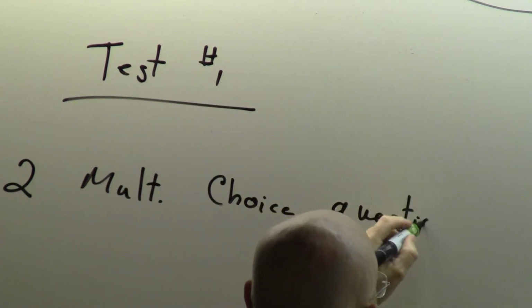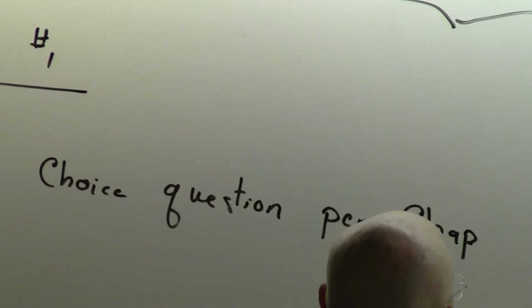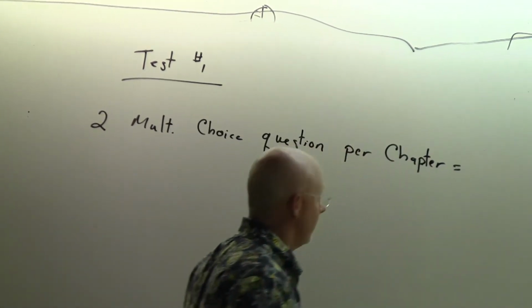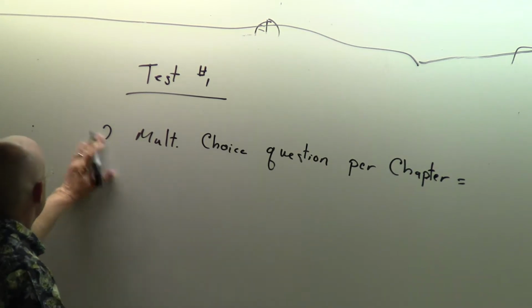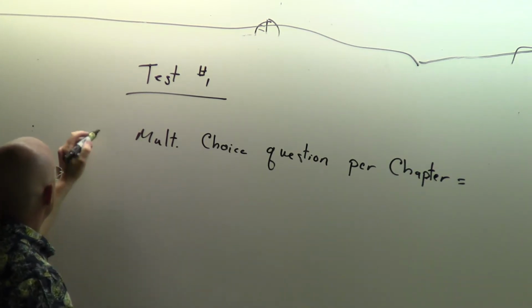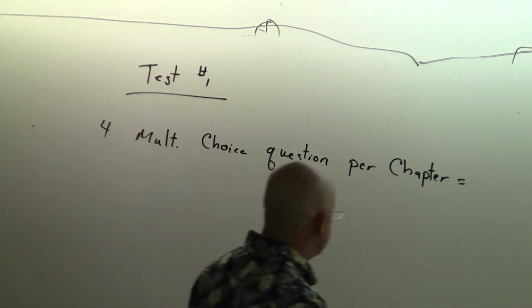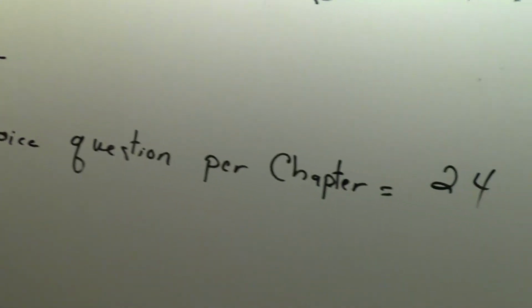We've got 6 chapters. Sorry, I said that wrong. I meant to say 4. The free response is going to be 2 per chapter. Forgive me, let me start again here. There are 4 multiple choice per chapter. There are 6 chapters, so you're going to have 24 multiple choice questions.